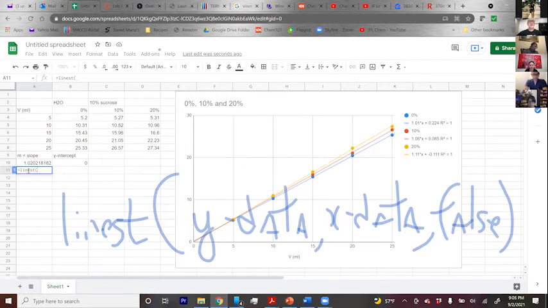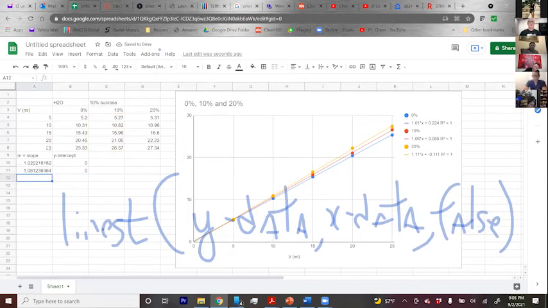Now the Y data for the 10% sucrose is here, right next to it. So I put that in, comma, X data, same as it ever was, right there, comma, false. Hit enter.